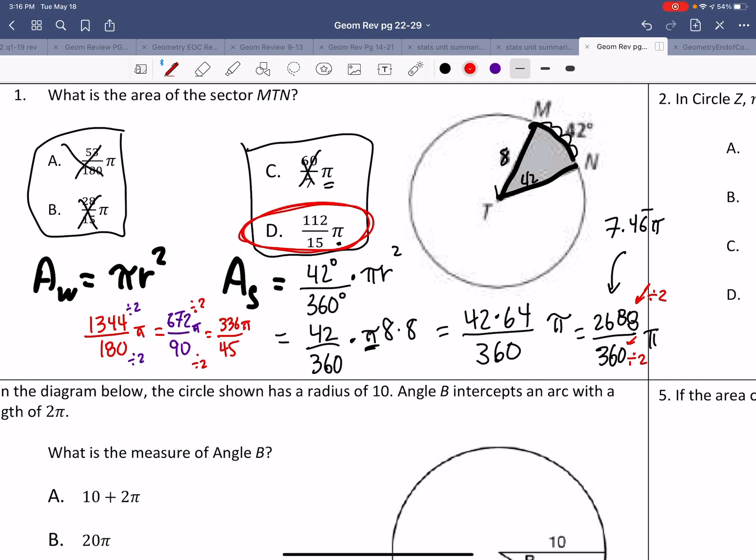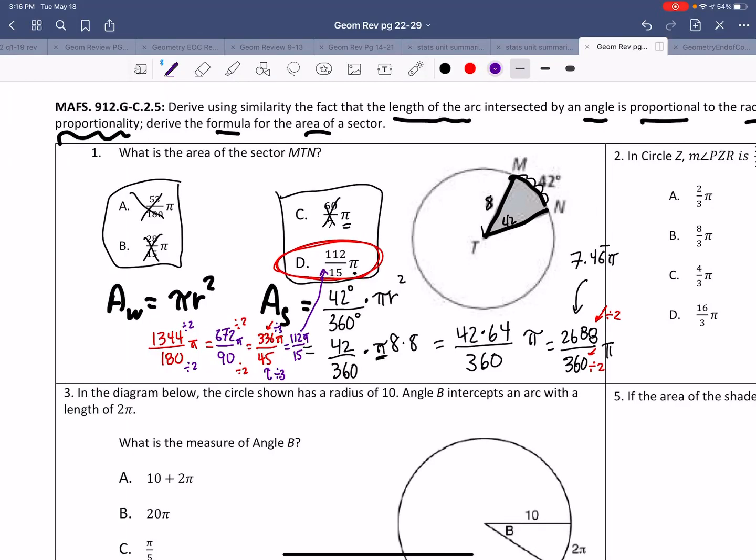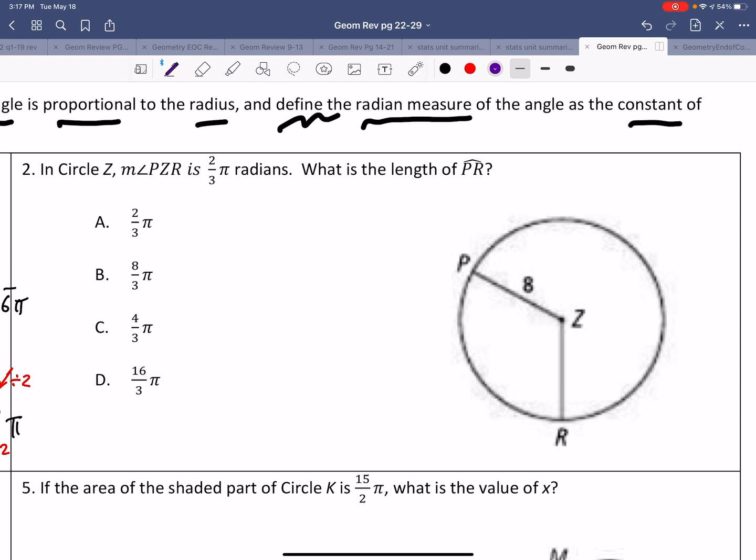And then you're like, wait a minute, this would have a 3 in it, and this would also have a 3 in it. So I can divide this one by 3 and that one by 3. So I get 112 pi over 45 divided by 3 is 15. Aha, I finally got it after reducing the fraction. Phew. Okay, now you can see why I do it the decimal way if I have a calculator, so it's faster.